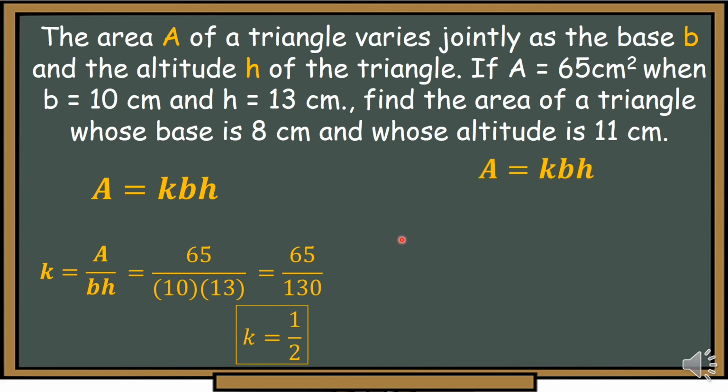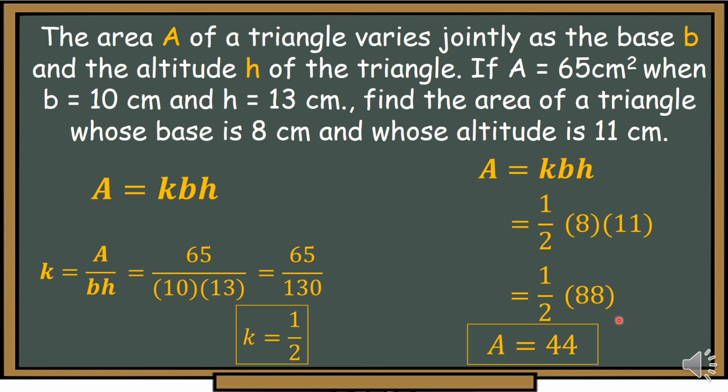Solving for the unknown, which is the area of the triangle whose base is 8 centimeters and whose altitude is 11 centimeters, we will be using this equation, A equals KBH. K is 1/2, B is 8, H is 11. So 1/2 of 8 times 11 is 1/2 of 88. 1/2 of 88 is 44.